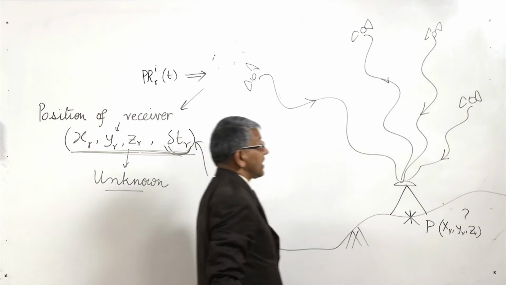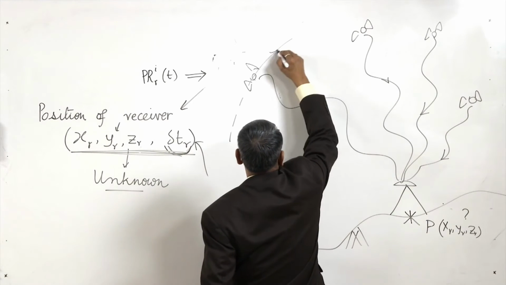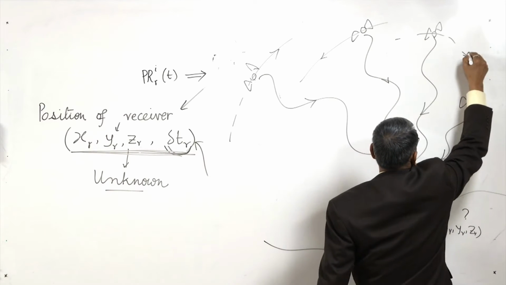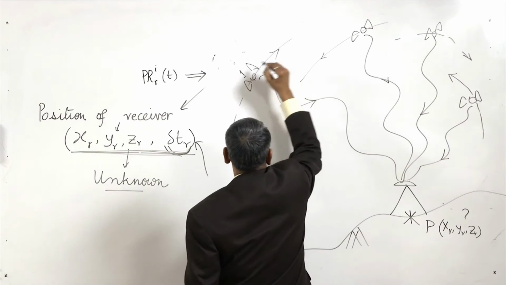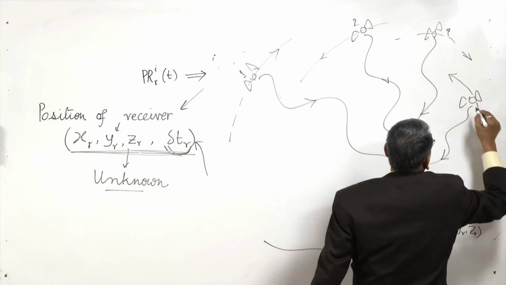So let us take at least 4 satellites: 1, 2, P, N.